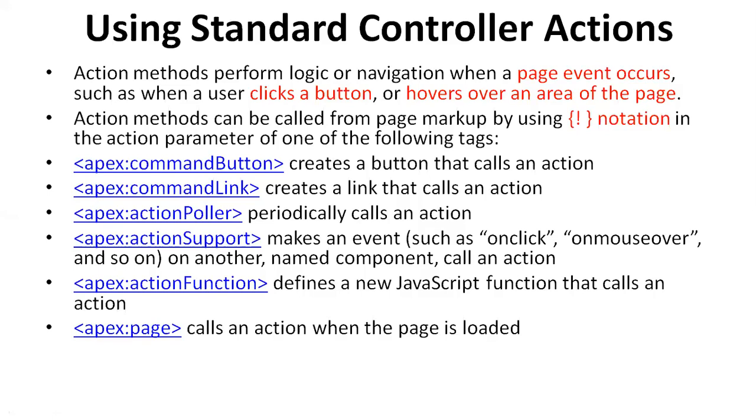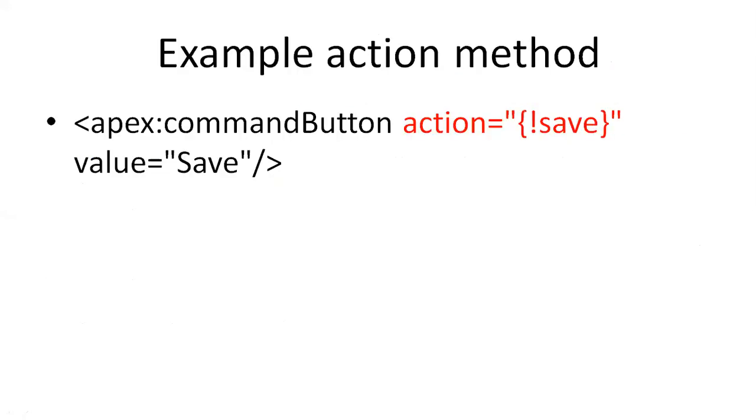This is some information regarding the action. For example, apex:commandButton action equal to save, in between curly bracket, exclamation mark and then save. With the help of save, you are performing some action. I call it a save action.